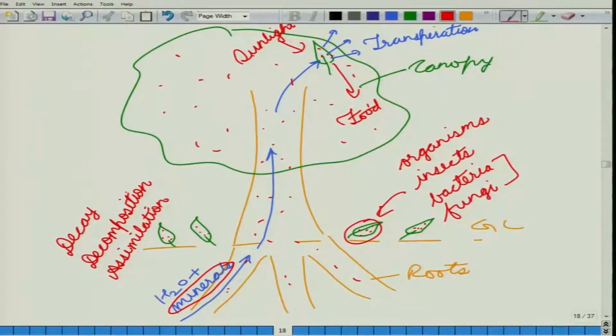Now not only would these leaves die after a while, but also these organisms that have fed upon the leaves, so their bodies now have this energy, they now have these minerals, and after a while they will also decompose. So when all that happens, you will get this layer of soil that is very rich in humus.